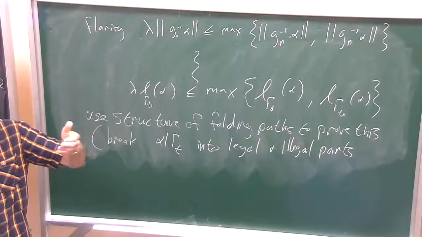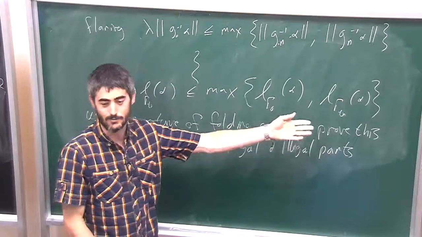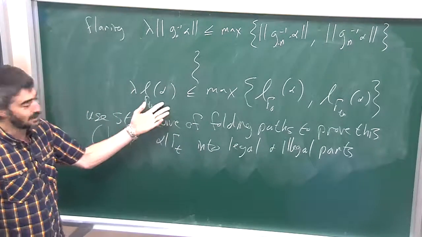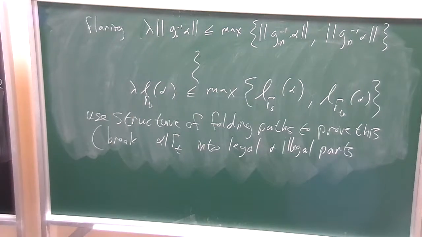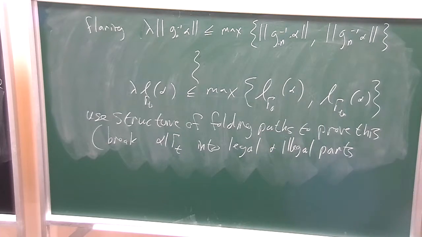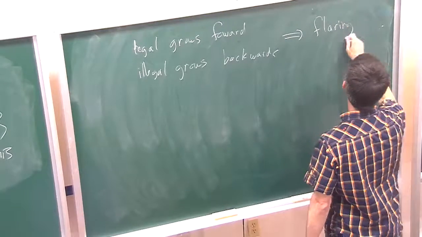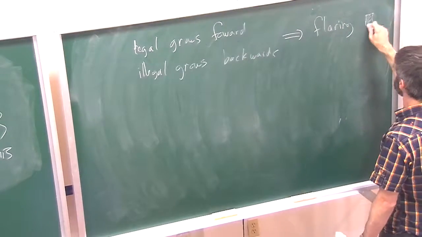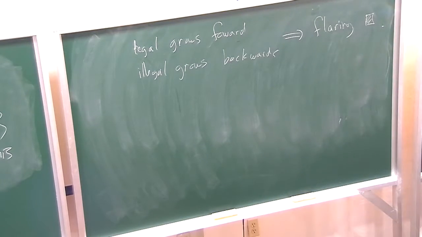Which one's bigger? If legal is bigger, I go forward. And then when I go forward, it will get bigger. If illegal was bigger, then I go backwards, and then the total length gets bigger. And then you get your flaring. Okay, so this implies the flaring. Okay, and that's how you prove the thing. So I'll stop there. Thanks.